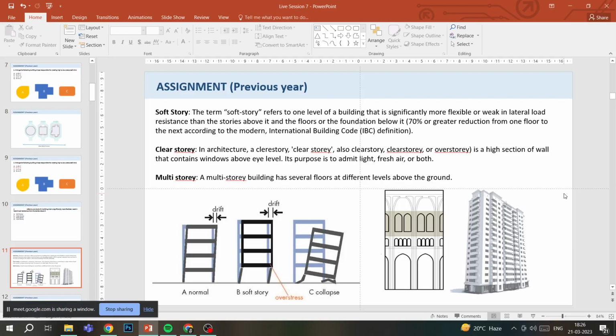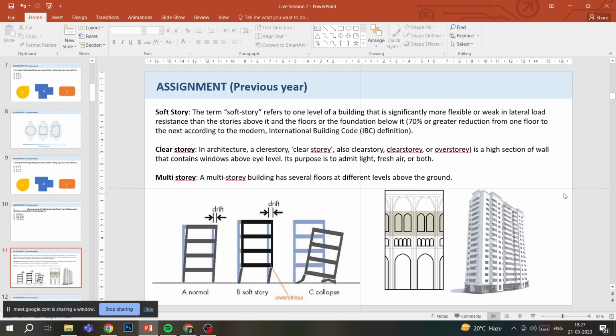So what happens in a soft story is that, for example, you have 2 or 3 stories and your ground story, the one which is on the ground, may be a little weak compared to the stories above. It could be weak because of a lot of reasons. For example, usually in buildings which have stilt parking and there is no wall component and other things, it tends to be a little weaker compared to the other stories.